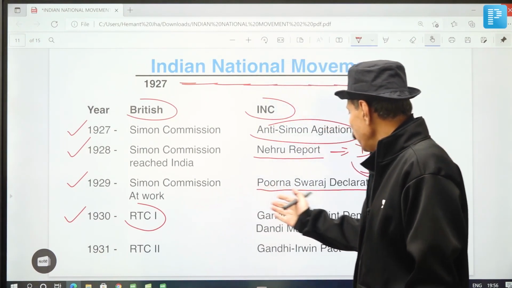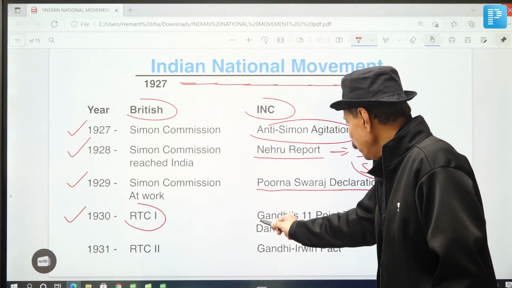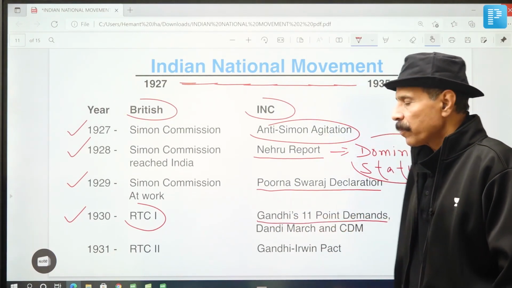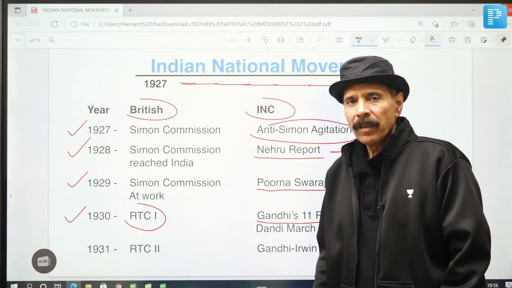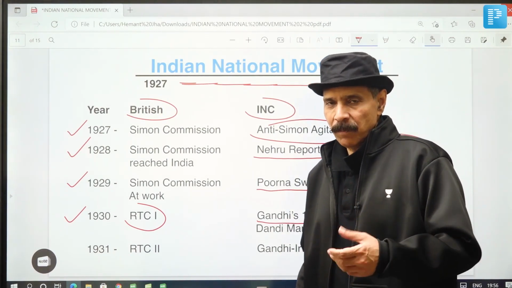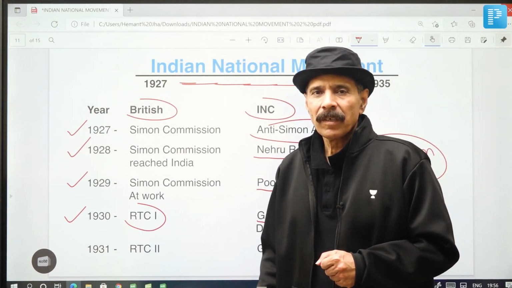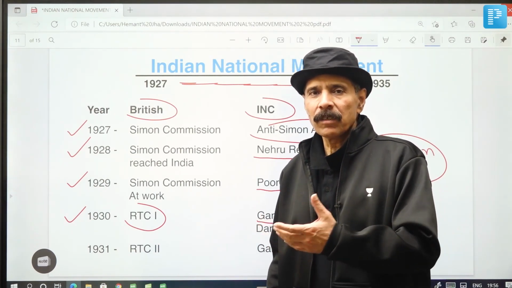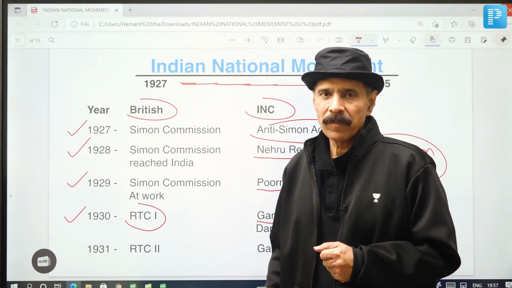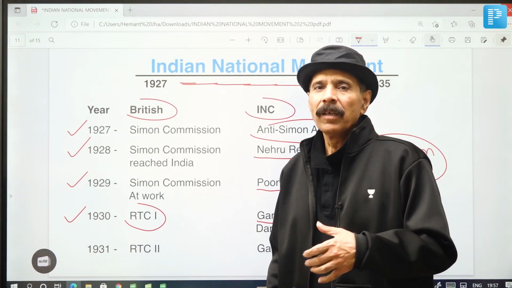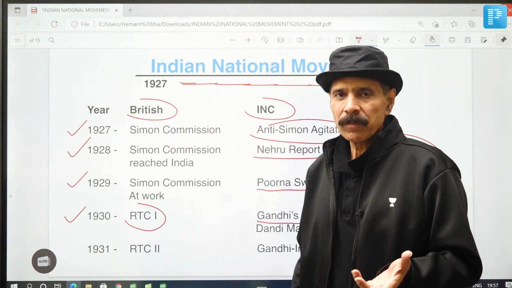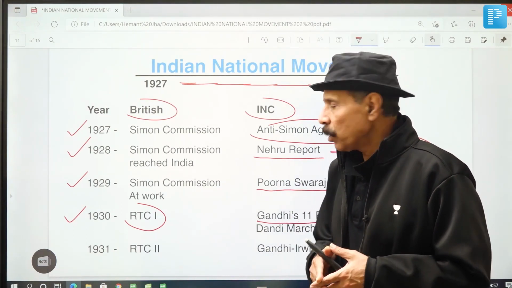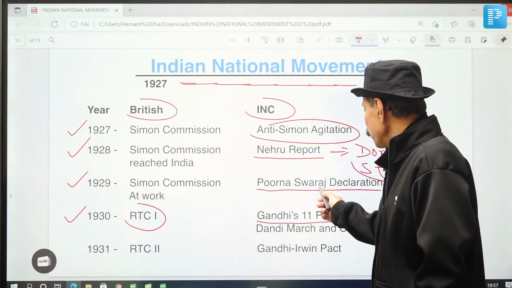And on the other hand, here we find Gandhi presented his 11-point demands. These 11-point demands were nationalistic demands. And Gandhi presented the view that if these demands were accepted by the British, the Congress would not launch civil disobedience movement for Purna Swaraj.